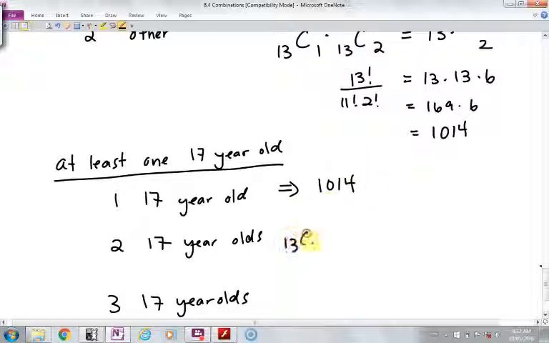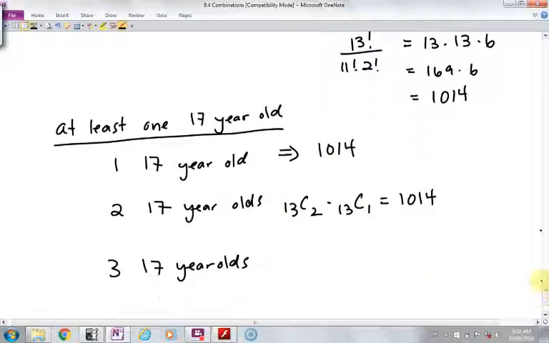So all I'm doing is reversing the 2 and the 1 here, but those numbers will be the same, so I'll still get 1,014. How about 3 17-year-olds? How am I going to do that? 13 choose 3 times 13 choose 0.